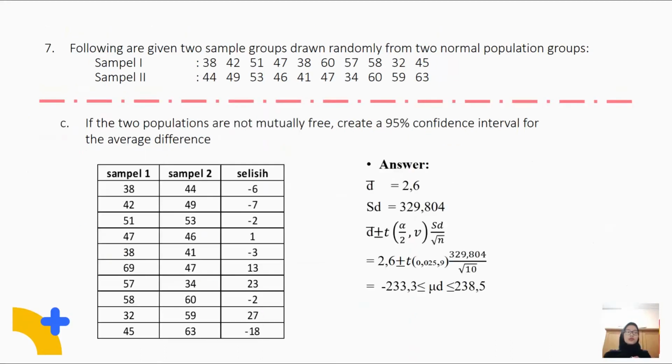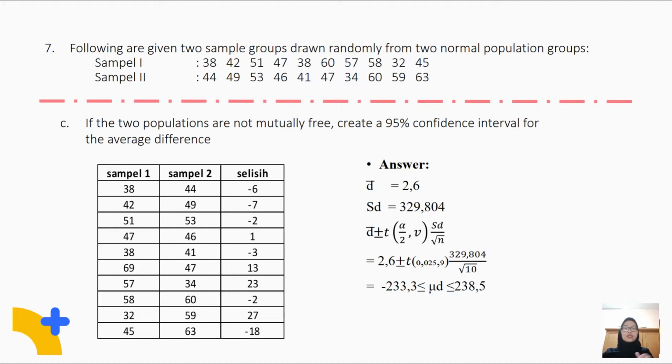The answer for question C: we just made the table for sample 1, sample 2, and the difference between sample 1 and sample 2, and we've got the difference, which is D bar, 2.6, and the SD is 329.804.